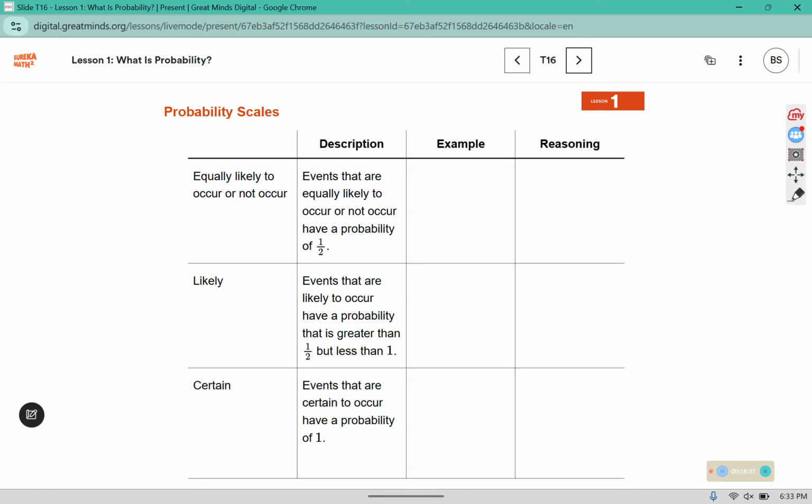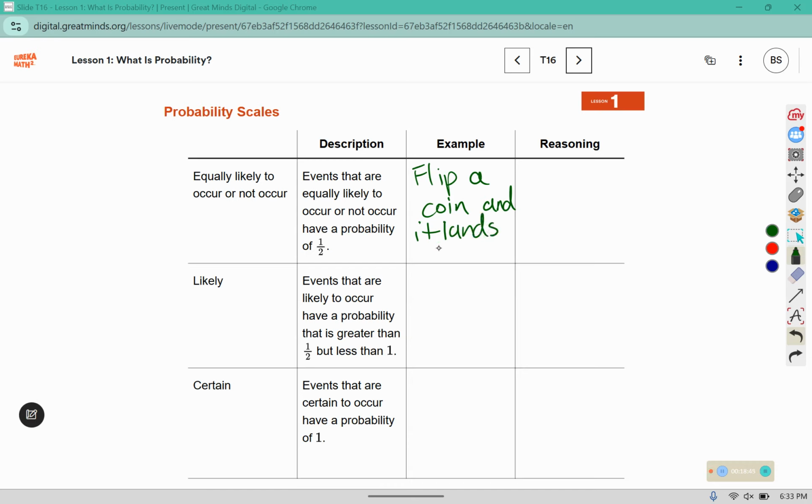Equally likely, you flip a coin and it lands on tails. Landing on tails is equally likely as landing on heads.